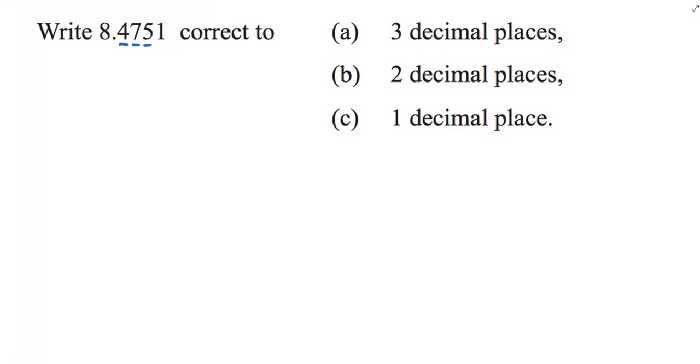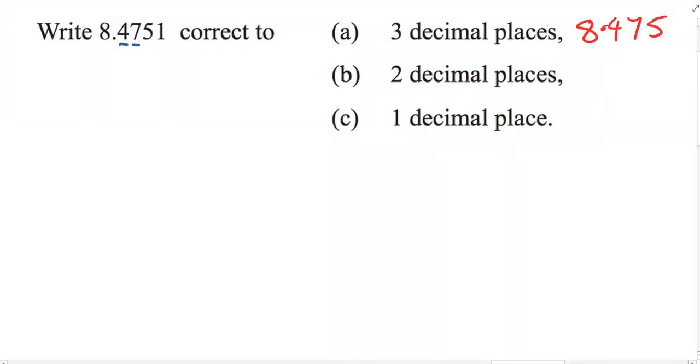That means the critical value to decide about is that 1. Again, if it's a 0, 1, 2, 3, or 4, we're going to move down. And if it's a 5, 6, 7, 8, or 9, we're going to move up. In this case, it's a 1. So our answer is going to be 8.475.